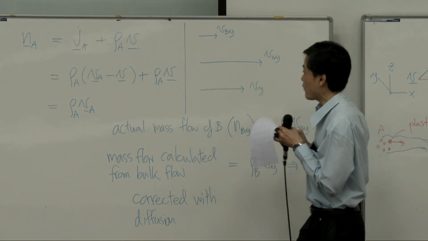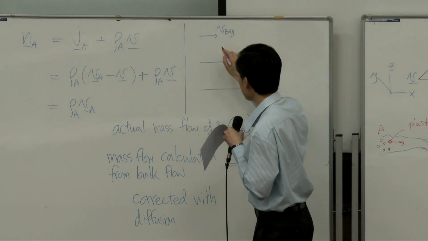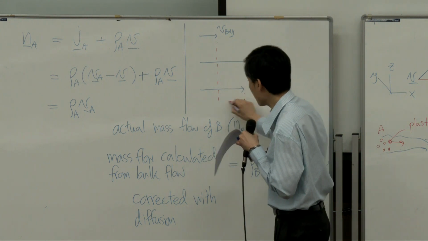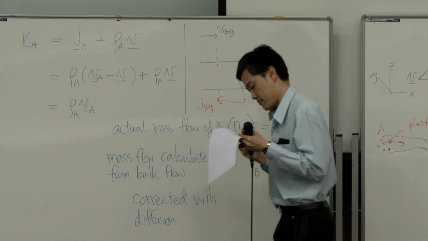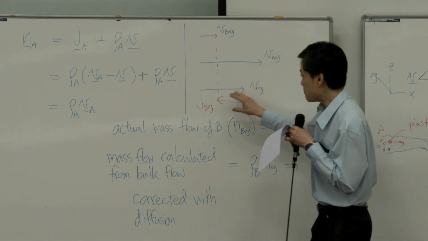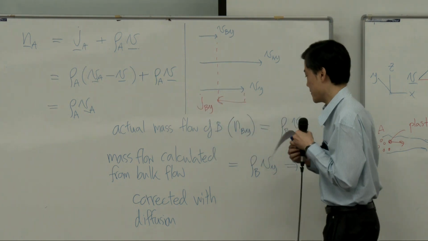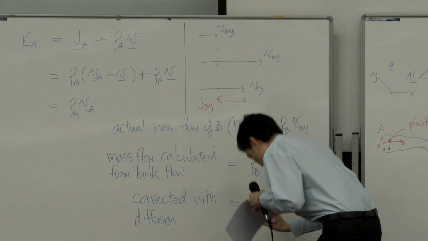That means, according to the definition of diffusion flux, you take VB, subtracted by V average, you end up with this flux, JBY. And according to this picture, JBY is going backward.